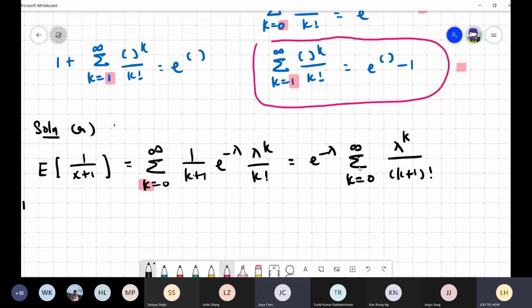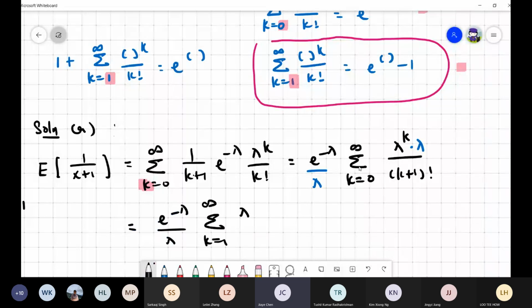What we can do is multiply by one lambda here and divide by lambda, because these two lambdas can cancel. Lambda to the power of k multiplying lambda ends up as lambda to the power of k plus 1. Sorry, this is 0. Okay, plus 1.